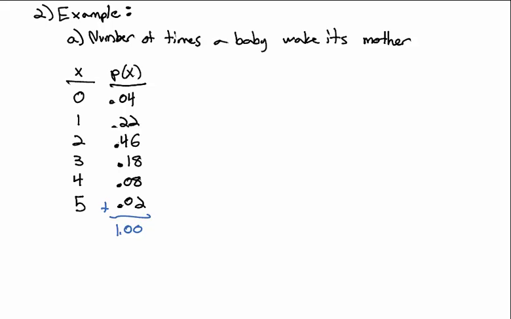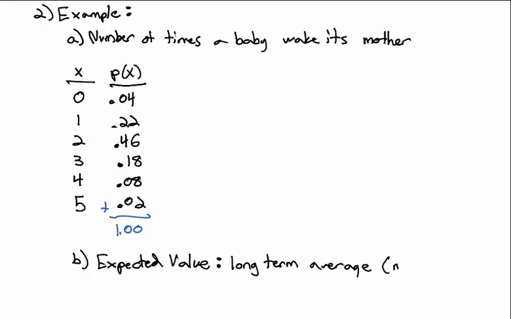And with probability distribution functions, what we're often interested in is finding the expected value of the distribution function, what we expect to happen. In other words, the long-term average, kind of like the mean that we saw before in descriptive statistics.